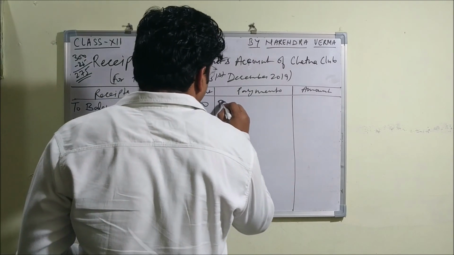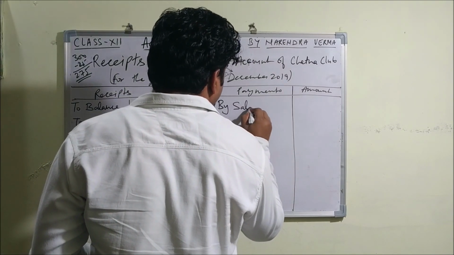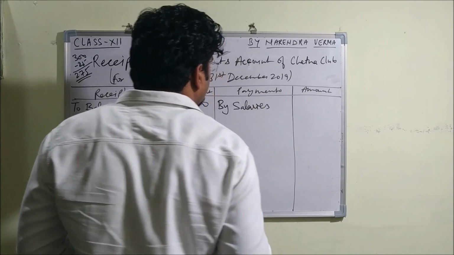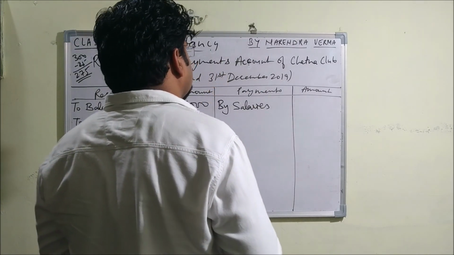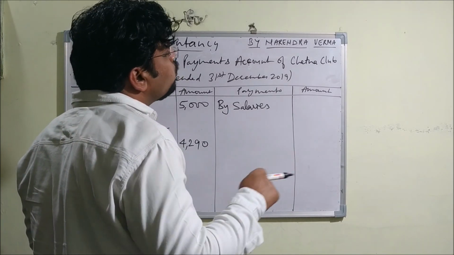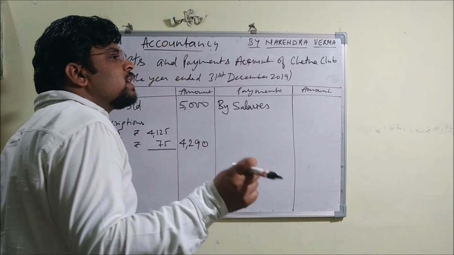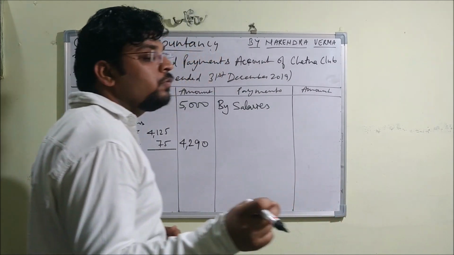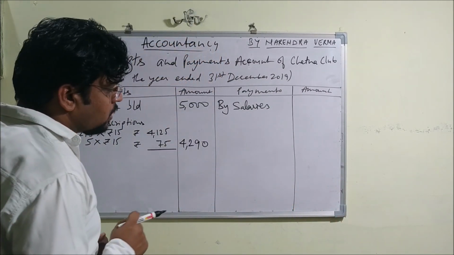Another item is salaries. At 300 per month, salary has been paid up to the month of November. It means salary has not been paid for the 12th month, that is December.